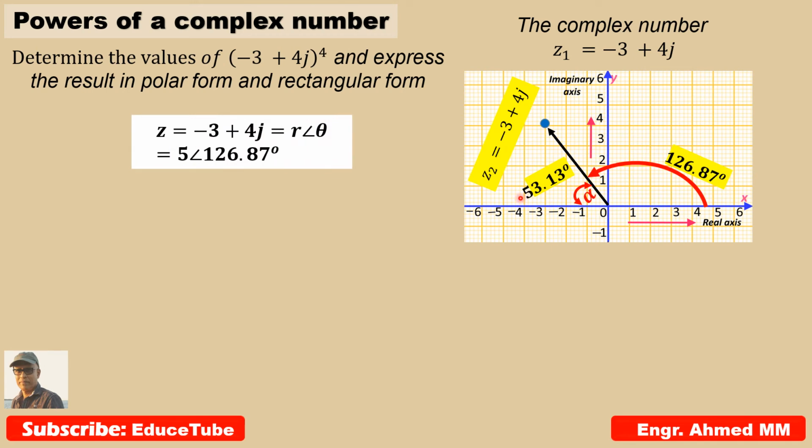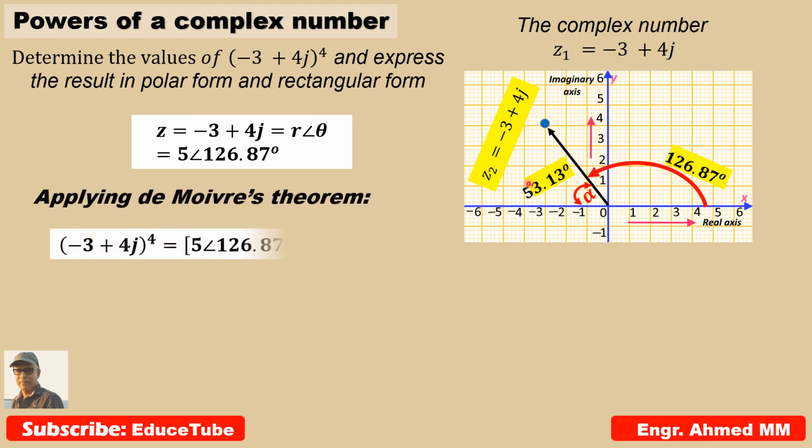It is the same diagram and the values we have already seen: we got 5 and the argument is 126.87 degrees. Now we have to apply de Moivre's theorem. Our target is to get the value with this power, which is 4, and we write this in polar form, and it has power 4.